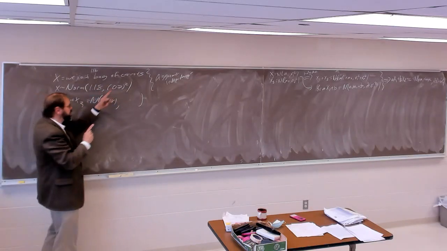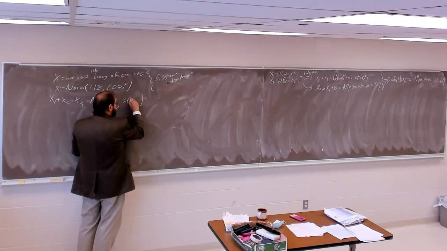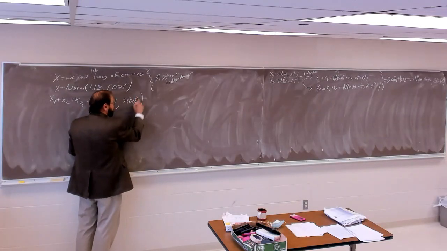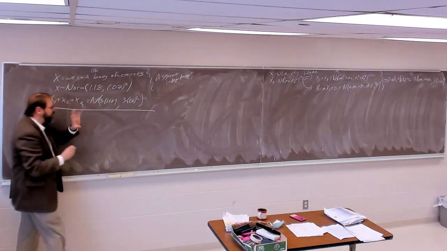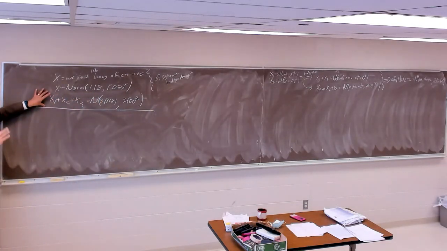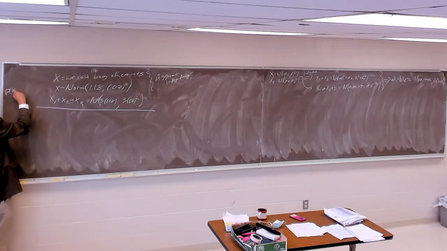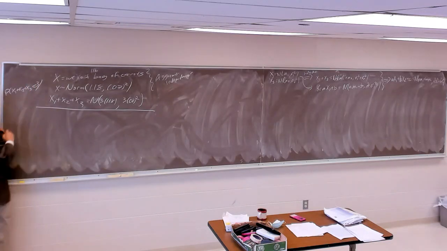Yep, this plus this plus this, which is just 3 times 0.07 squared. So we did that last time, and any probability question I want to attach to this random variable, I certainly could, and I think we finished off the last step like this. Right? Now I know this is a normal random variable, and I can switch it back to standard normal if I want to compute this probability.